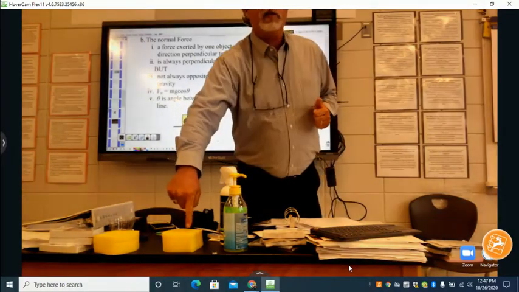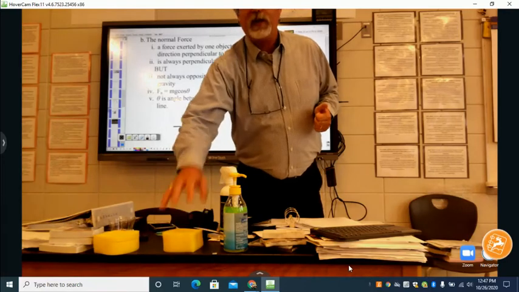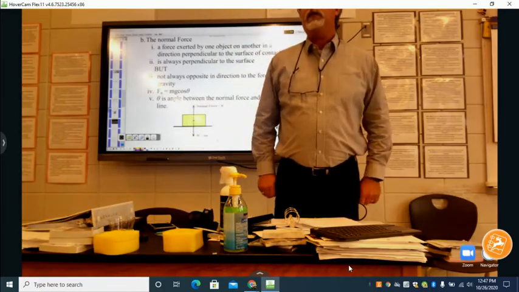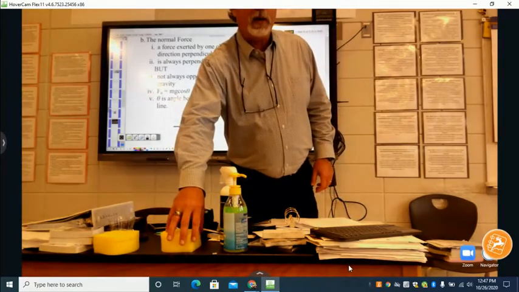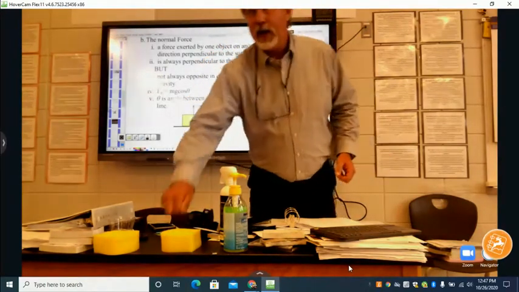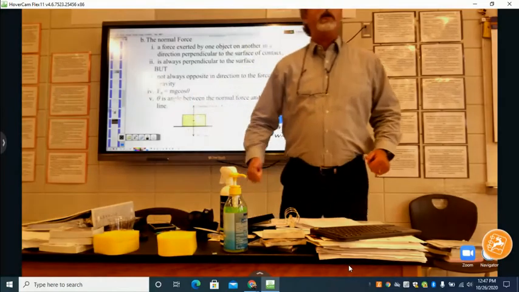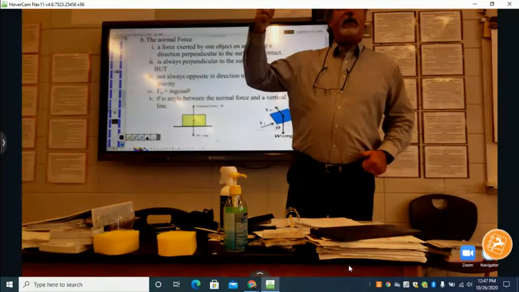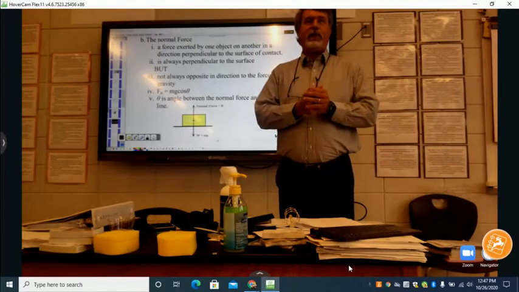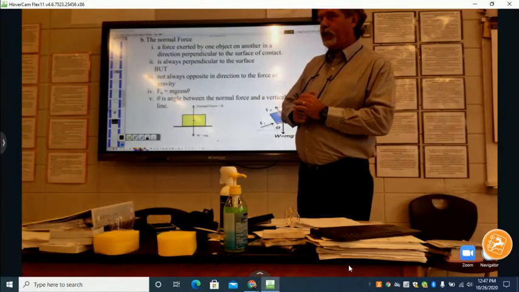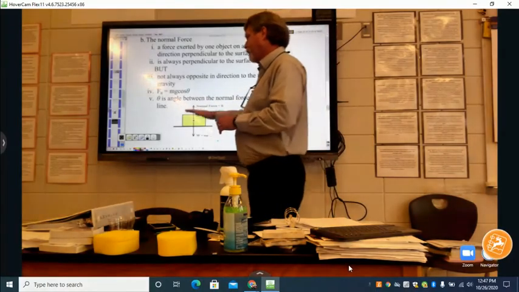What's making this foam push on the table? Gravity. So gravity gives this object weight. The reaction is the table pushes on the weight. The table pushing on the weight is force normal. How much force does it push with? Okay, so that's what we're going to look at.